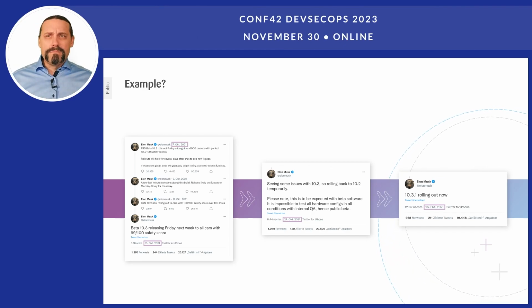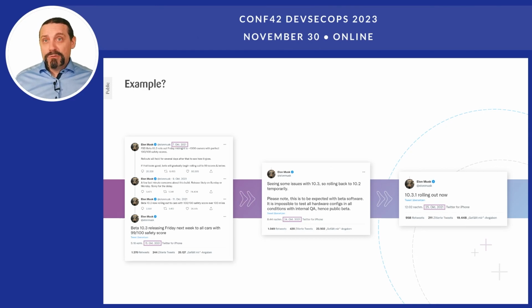What does that mean for us? It means that he has the software modularized in the cars, so there is a module for self-driving and he can update that over the air. It also means that he is constantly monitoring how people are driving and he can distinguish between people who drive very well and people who don't drive so well.